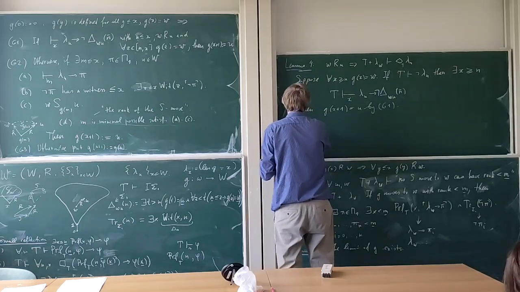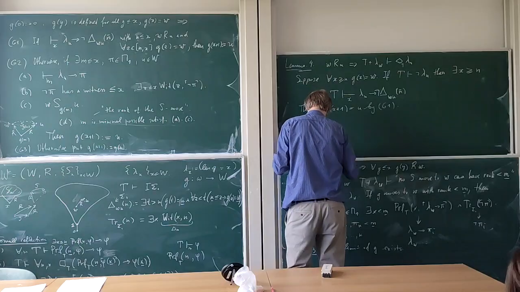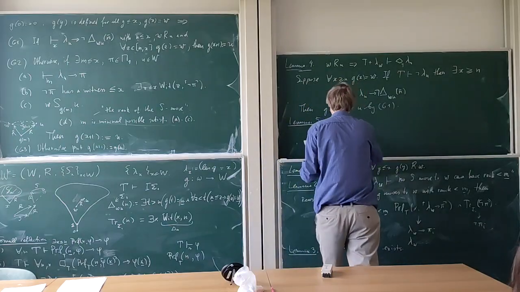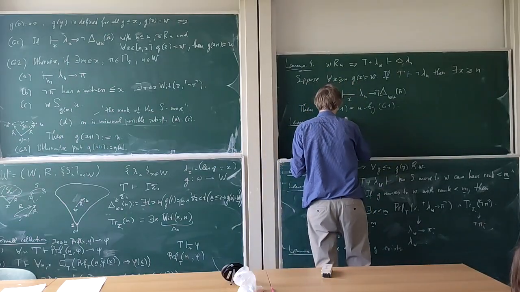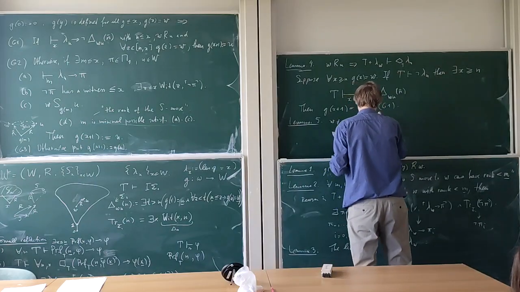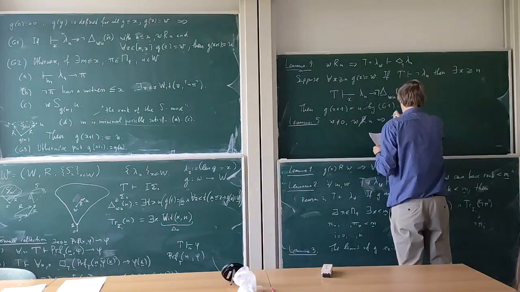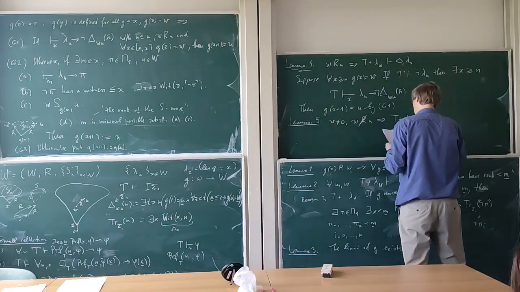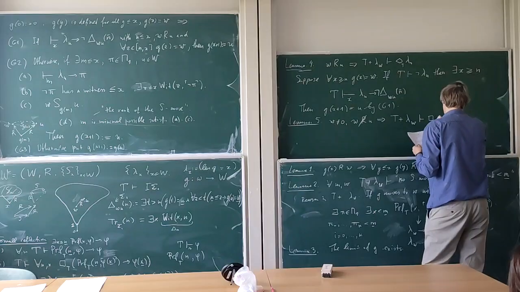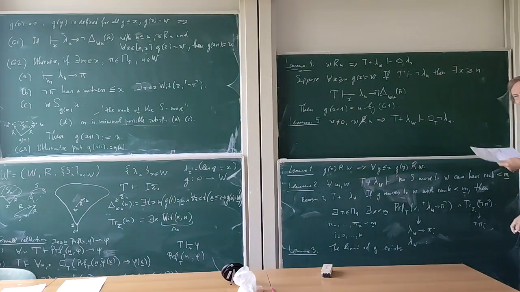Now, second lemma, Lemma 5. If W is not 0 and W does not exceed U, then T plus lambda W proves box T not lambda U. That was the second old condition.